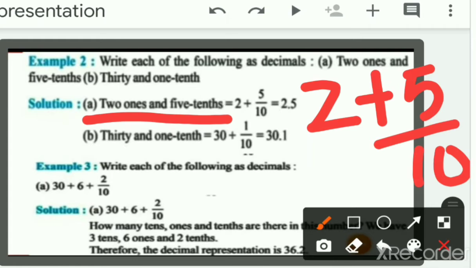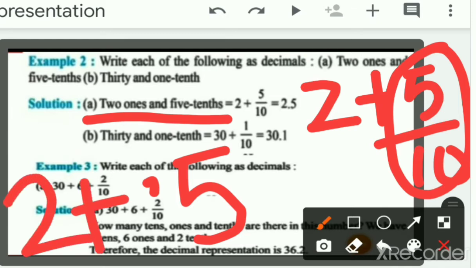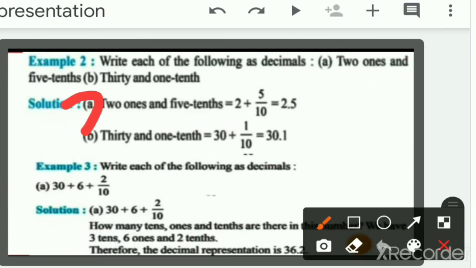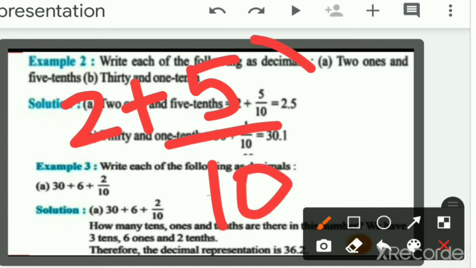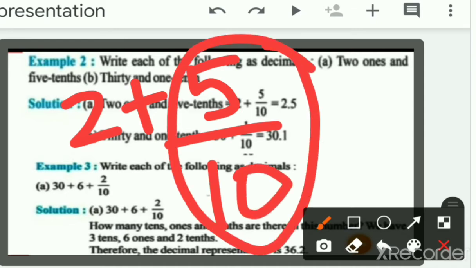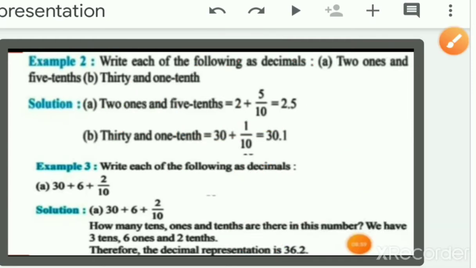When you solve this fraction part, you will get 0.5. After that, 2 will be added to 0.5, and we will get 2.5 as the answer. The answer is 2 plus 5/10, because it is tenths. When you divide 5/10 you get 0.5, and when 0.5 is added to 2, we get 2.5.